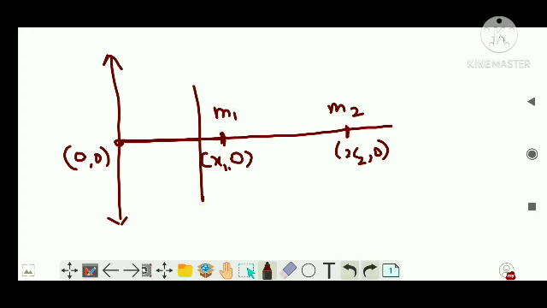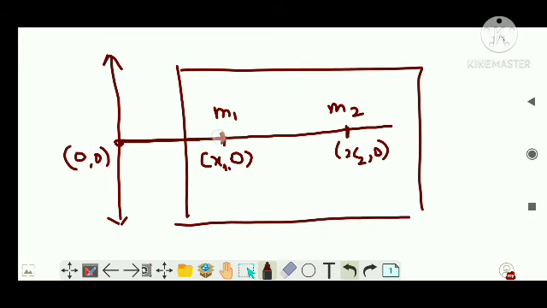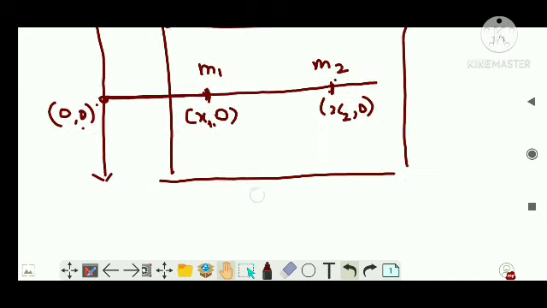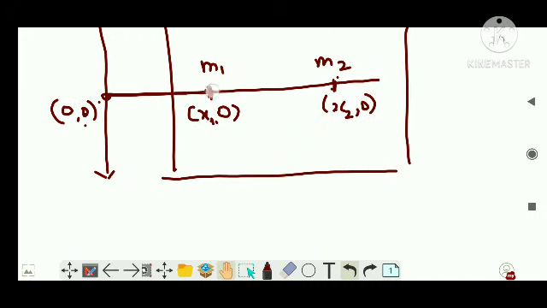That is what is called a system of two particles. Let's name this object A, made up of only two particles, m1 and m2. Let's say m1 is at a distance x1 from the origin, and m2 is at a distance x2 from the origin. Then the center of mass obviously will be lying between m1 and m2.